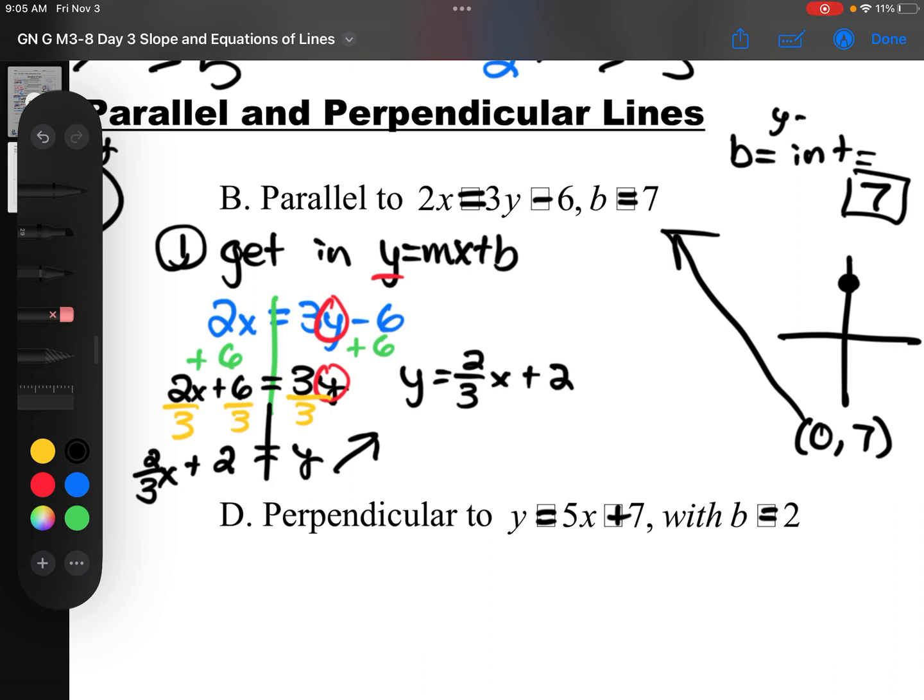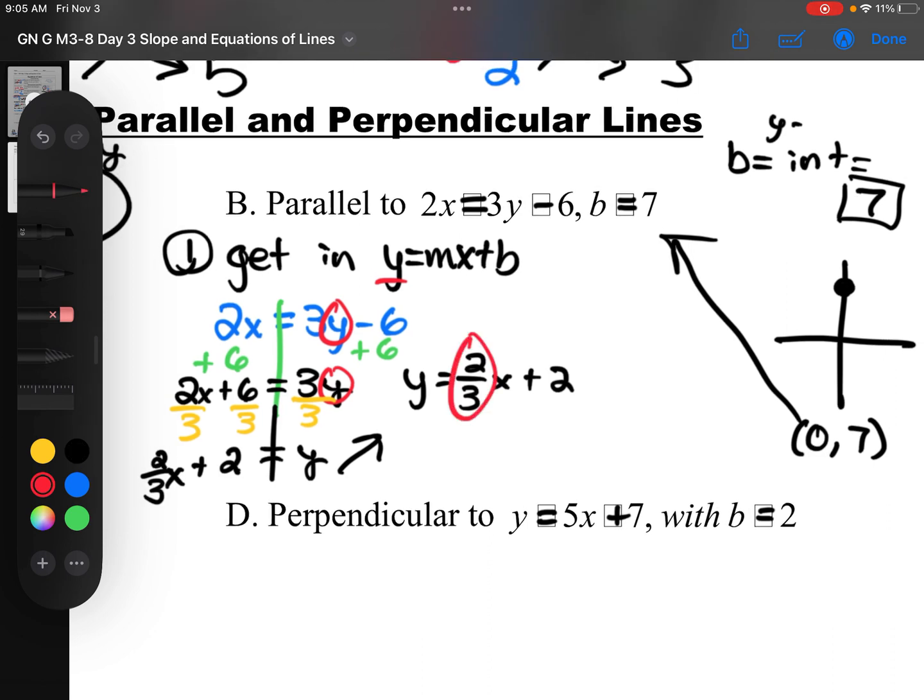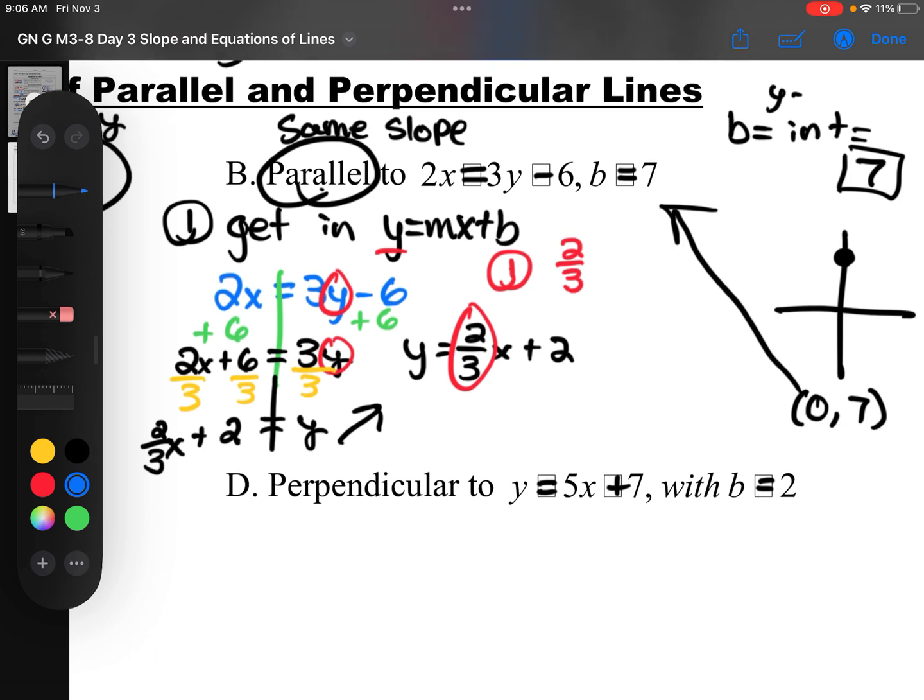All right? So what's my slope? The slope is 2/3. So line 1, we know our slope is 2/3. And we are finding a line parallel to this. Parallel line means same slope. So in our parallel line, I know I need to have y equals, and I have the same slope, so 2/3 x, and then guess what?